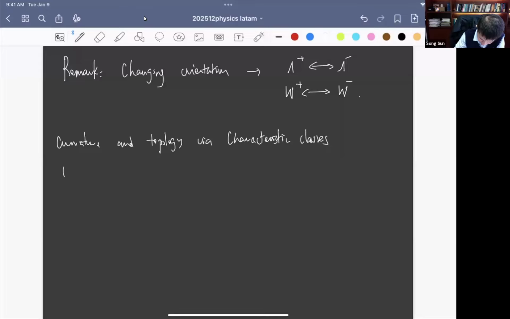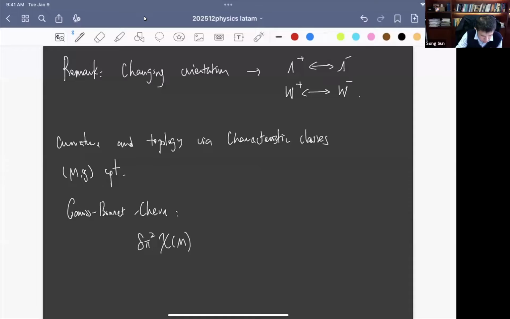So if M, g is compact, the first one is the Gauss-Bonnet-Chern. S. S. Chern gave a high-dimensional generalization of the Gauss-Bonnet formula for surfaces, and in 4 dimensions it has a particularly nice formula: 8 pi squared times the Euler number. Here these coefficients are important if you want to do precise computations. So the Euler number of M equals the integral over M.